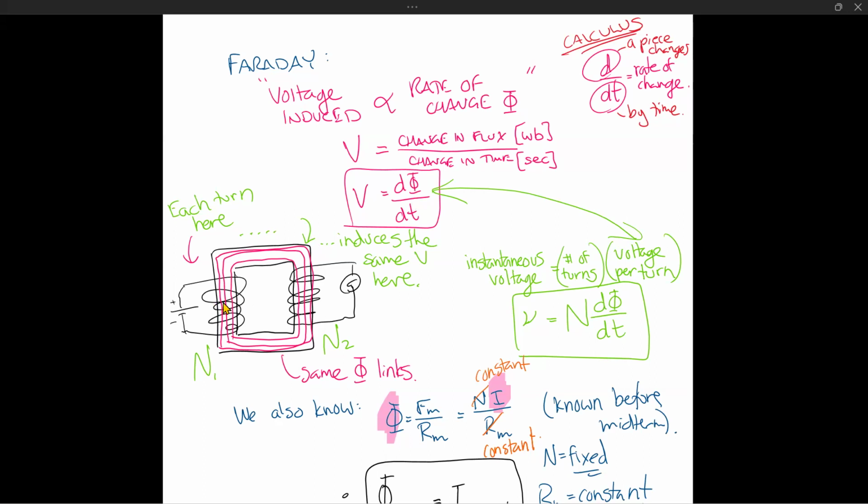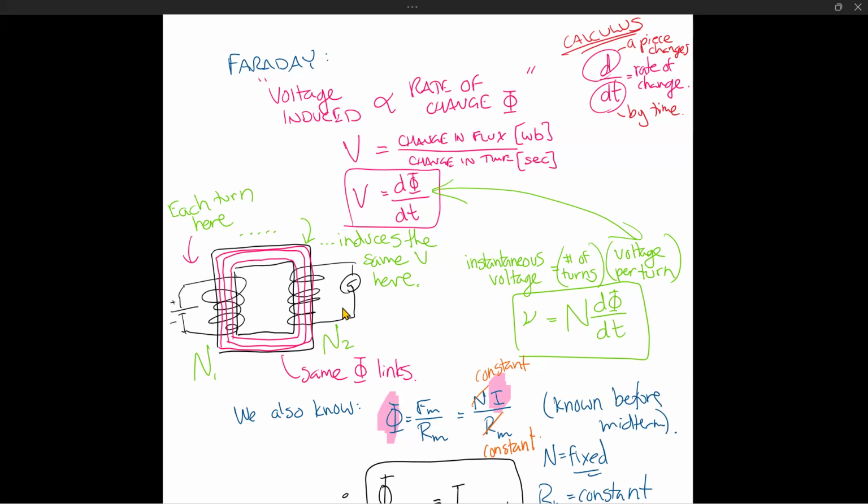So here we go. I have my primary coil. It has N1 turns in it. I have my secondary coil. It has N2 turns in it. But if I look at the voltage over here and the voltage over here, what's common between them?